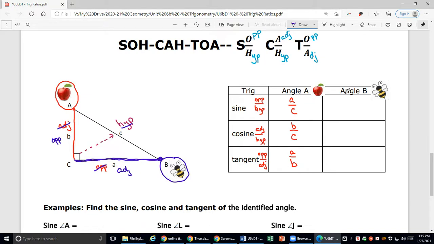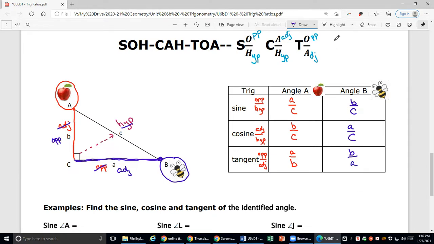The sine of angle B, opposite over hypotenuse, my opposite now is B, but my hypotenuse is still C. For cosine, adjacent over hypotenuse, my adjacent is A, and my hypotenuse is still C. And then last but not least, the tangent of angle B, the opposite over the adjacent, my opposite is B, and the adjacent is A.